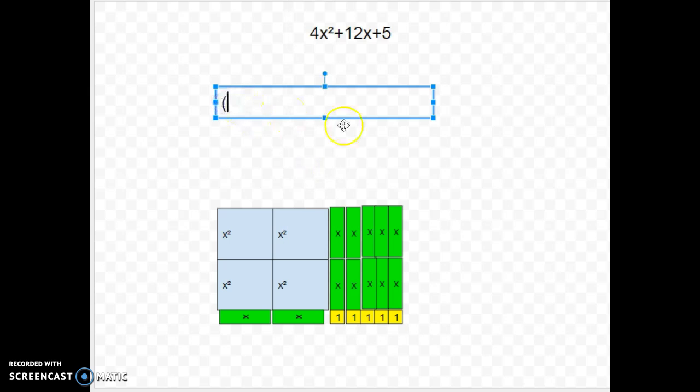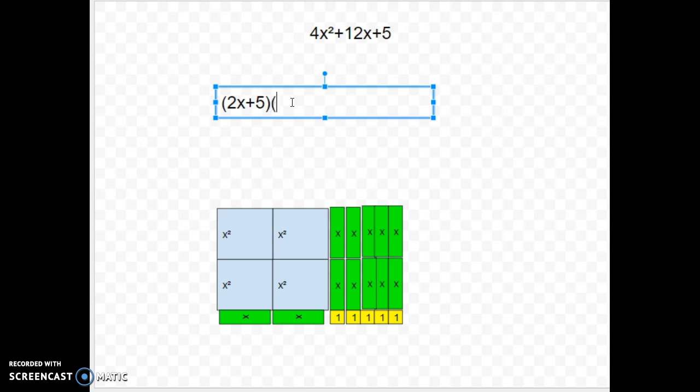So we know it's going to be in parentheses. Let's first look at the bigger side over here. So we have 2 X's, 2 layers, and 5 blocks. Sorry, X plus 5.